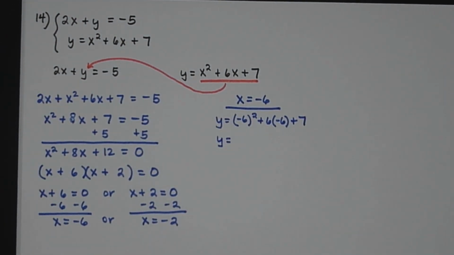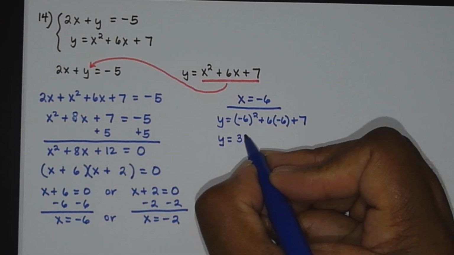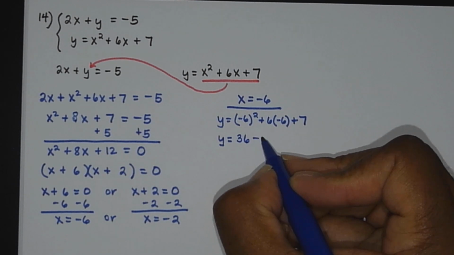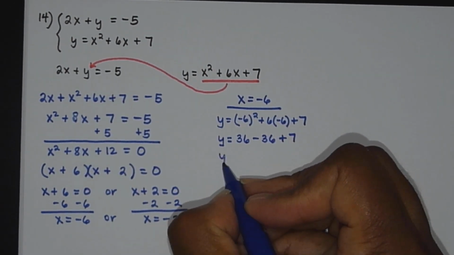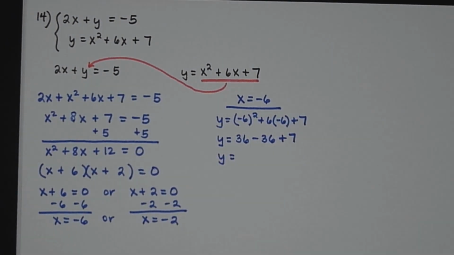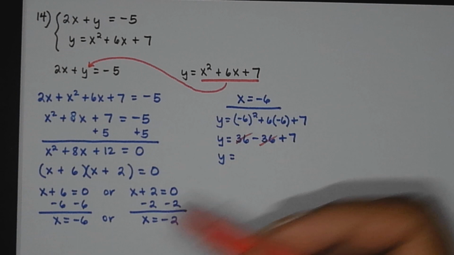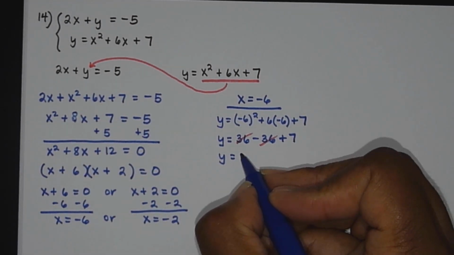Now, if we simplify that, square the negative 6, you're going to get 36. Plus 6 times the negative 6 will be minus 36, plus 7. So what must y be equal to here? Just 7, because the 36 minus 36, that's gone. So you're left with y is equal to 7.